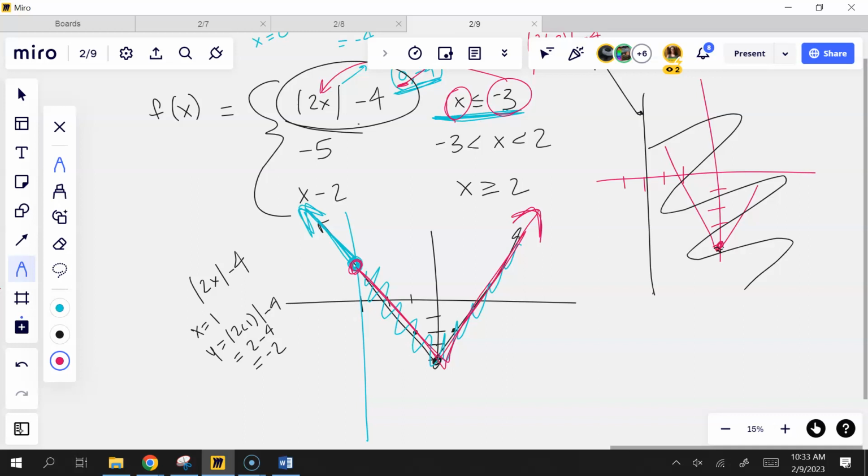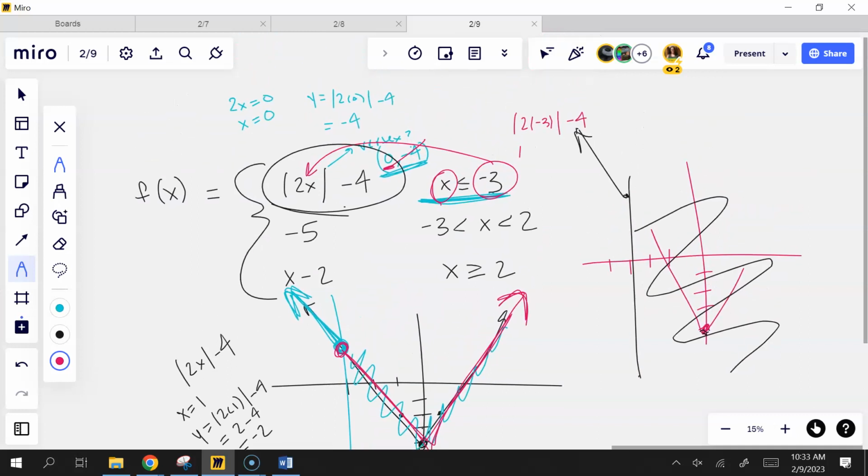When I do them, I find the vertex first and I ask, is the vertex in that restriction? Yes or no? If it's no, I'm just going to go ahead with plugging in like I normally do. If it's yes, I'm going to have to find the vertex, plot that, and then graph.